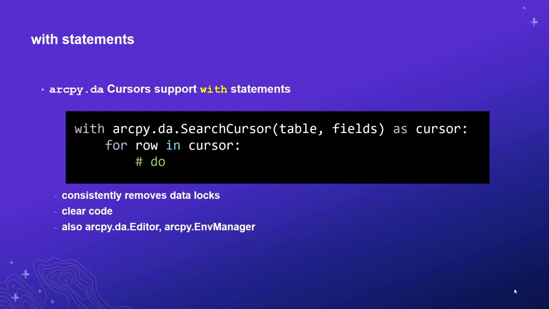In the past, without these context managers, it was quite difficult to write correct logic to do this. So what we recommend is to always use context managers with the with statement when working with cursors. Cursors are not the only objects in ArcPy that support context managers. If you read the documentation, you'll notice other ArcPy classes that also support it.